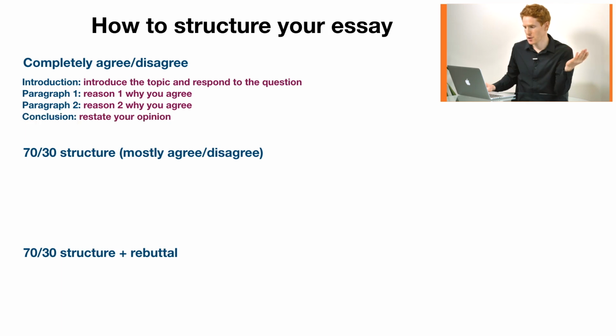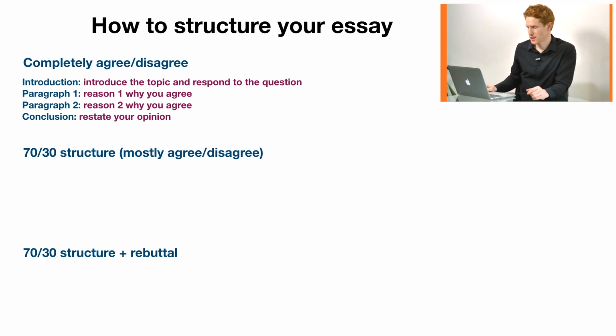And then finally, you have the conclusion where you simply restate your opinion. Now, this is a fairly basic structure, and it's good for students that are aiming for a 5 or a 6. But if you're aiming for a 7, 8, or 9, then it's better to use a more advanced essay structure.